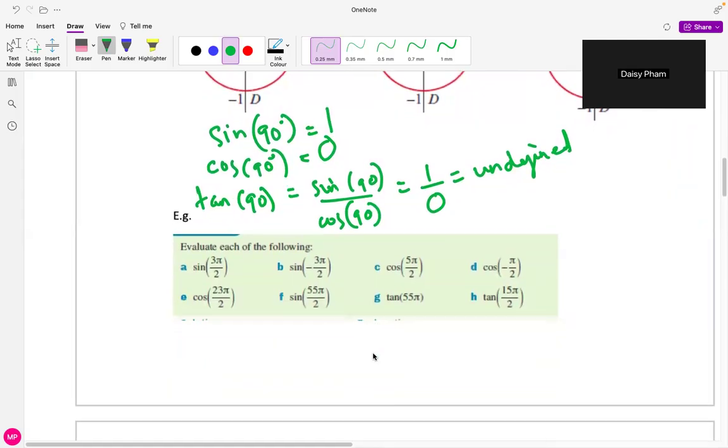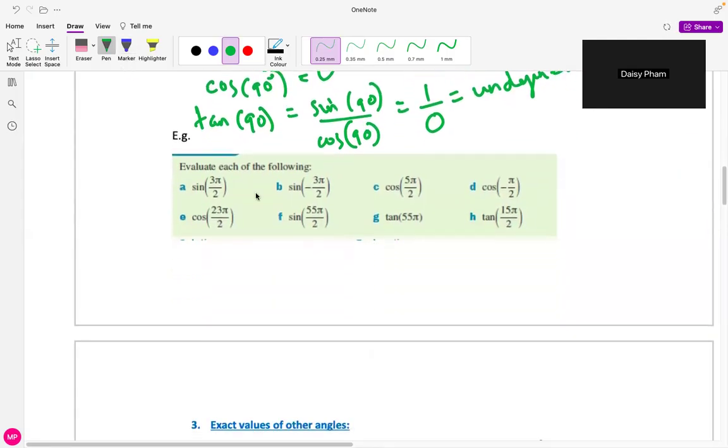Now, we're going to pick some of these examples to do together. Let's say this time I want to do tan of 55 pi, for example. So if I draw a unit circle, where is 55 pi? So you have 0 degrees here.